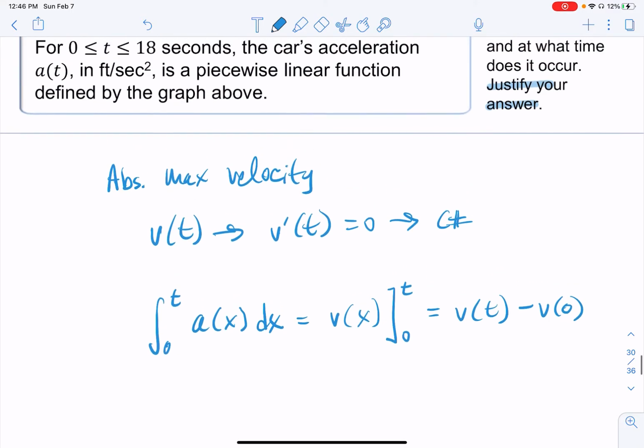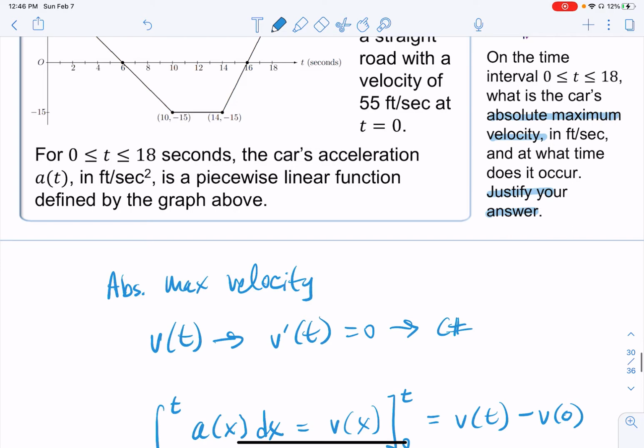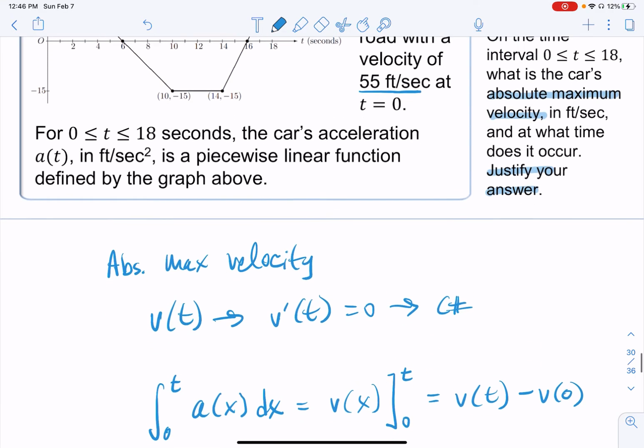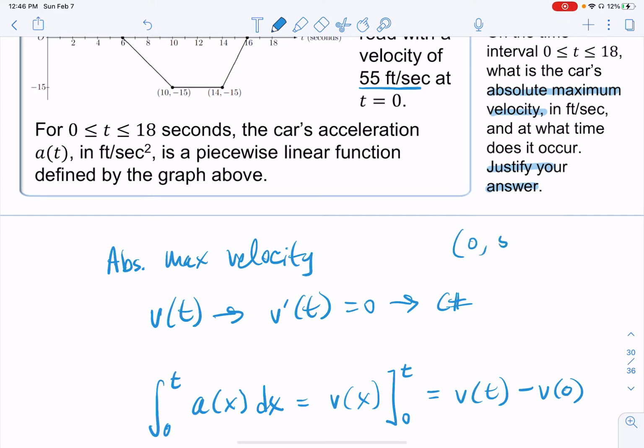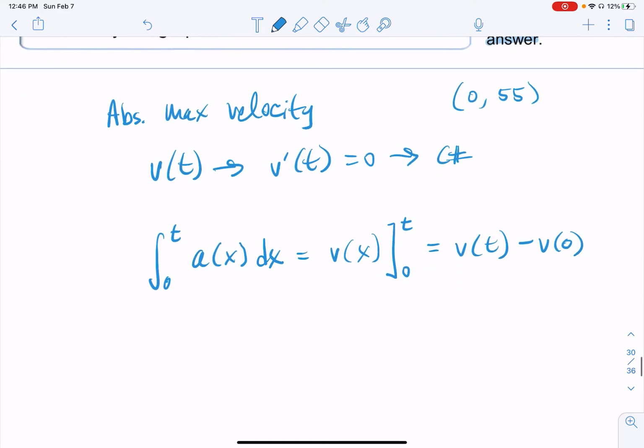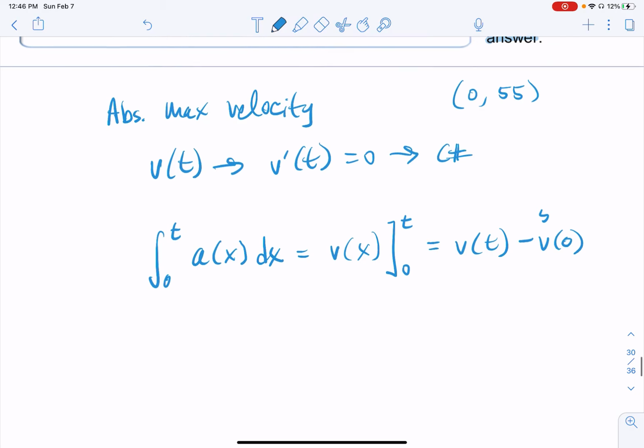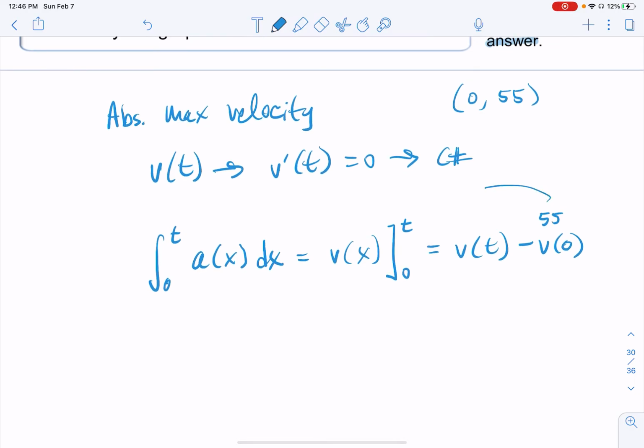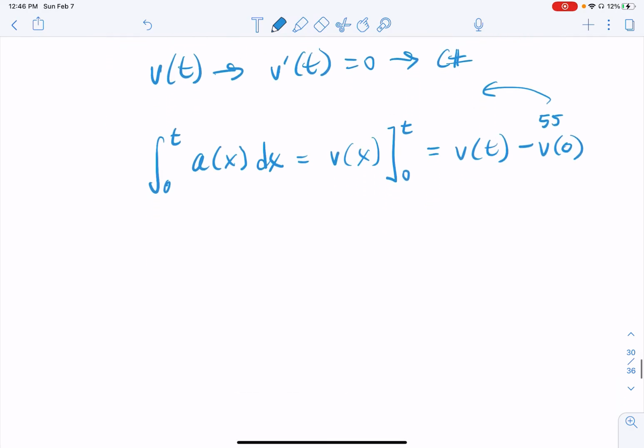They gave us v of 0, and it's 55 feet per second, so that's our initial. So I'll plug a 55 in here, and then just add it to the other side of the equation in order to get a velocity equation that we can take the derivative of.